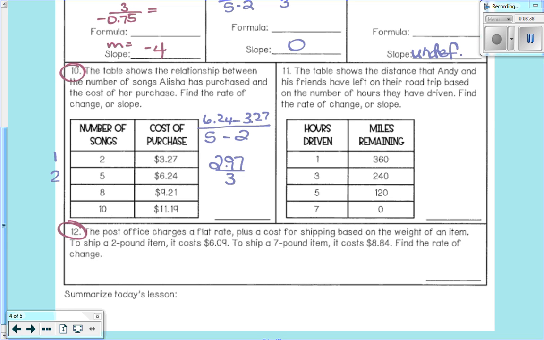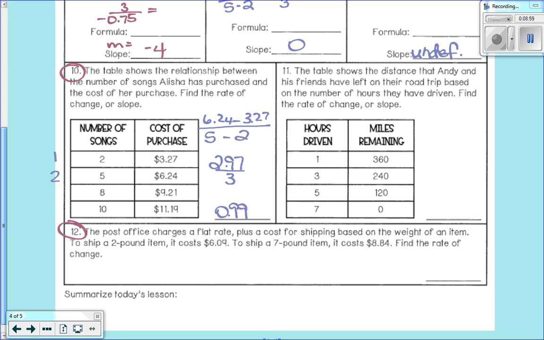And you put that in your calculator, and you got, yeah. And in this case, we're talking about money, right? And so what does that represent? 0.99. 99 cents for how many songs? 1, right? That's the unit rate.